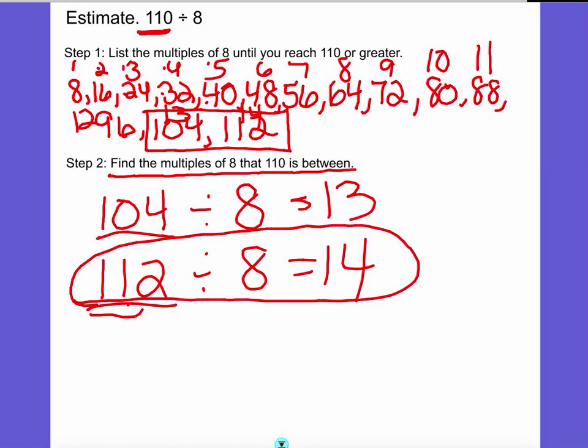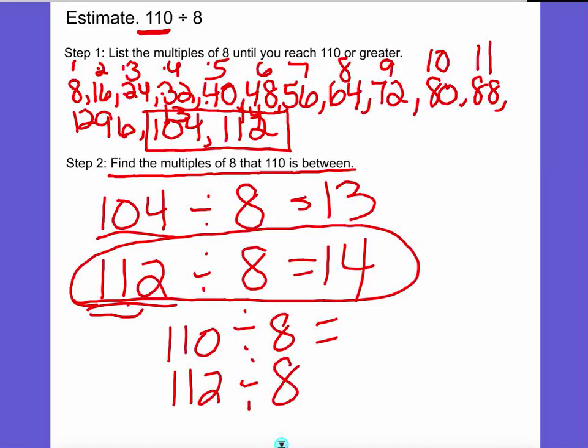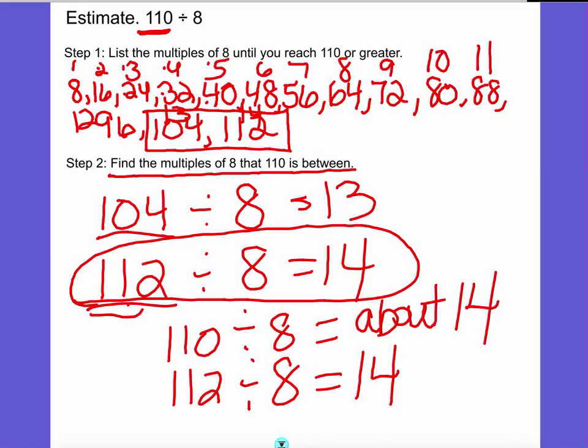So 112 divided by 8 equals 14. So 110 divided by 8 would be about 14.